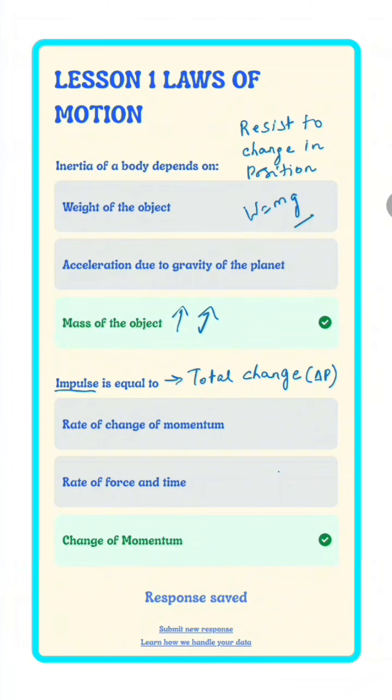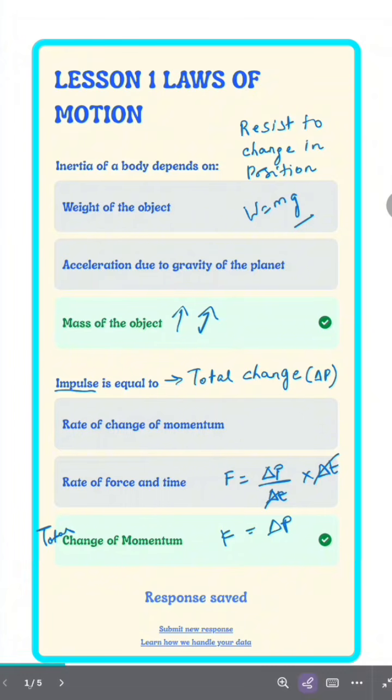We know the force is the rate of change of momentum, that is, how fast the change is happening per second. Force equals delta P by delta T. If you multiply it by T, delta T gets cancelled, so impulse equals delta P. So the total change of momentum is what impulse is here.